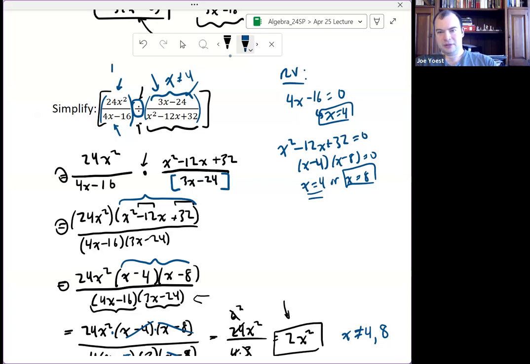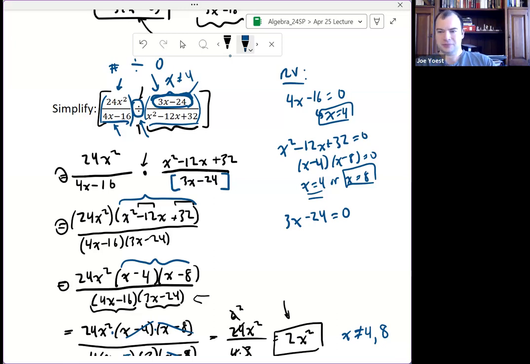And then I have a number divided by 0 anytime that the numerator here is 0. So I actually pick up even another criterion for restricted values, that when 3x minus 24 equals 0, that's a problem also, because I have fraction divided by fraction, but when 3x minus 24 is 0, my second fraction is 0, so I have something divided by 0 there as well. I really have three denominators, two that I see explicitly, and one that's from the fact that I have fraction divided by fraction. So the second fraction as a whole is in the denominator.